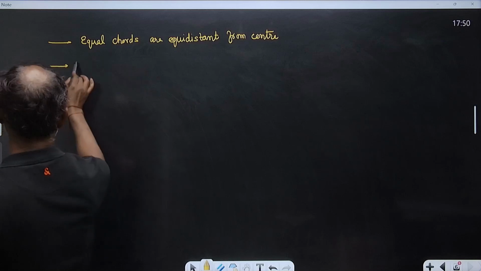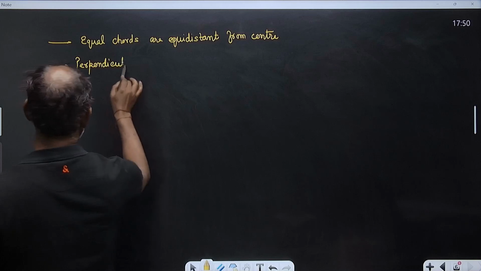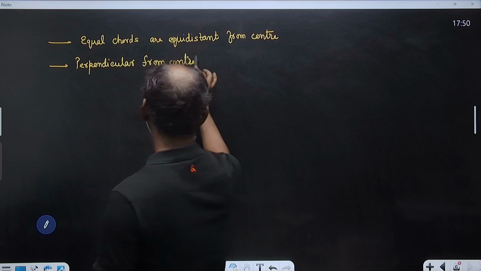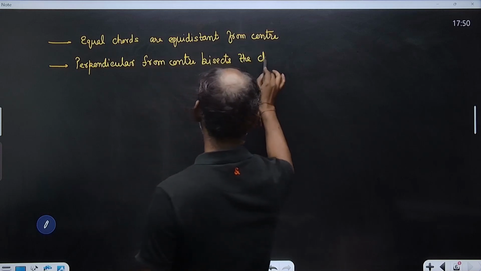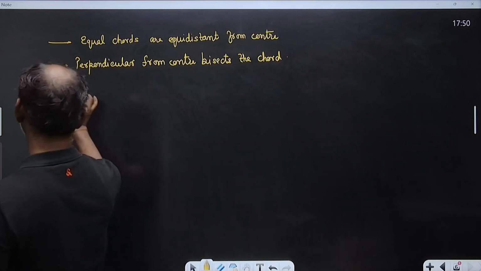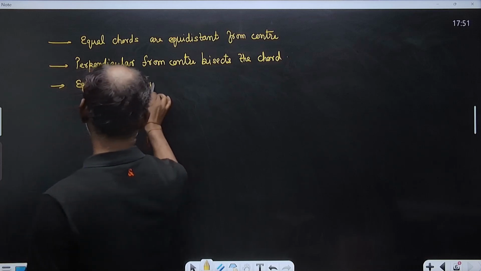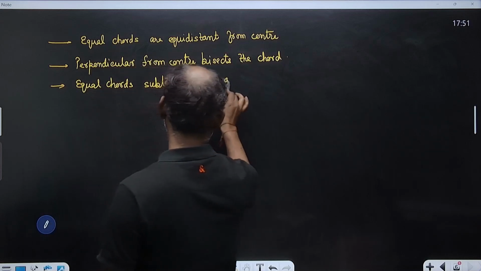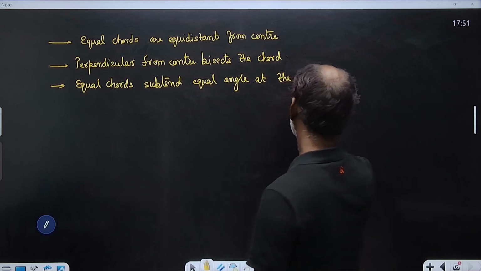Further, perpendicular from center bisects the chord. Equal chords subtend equal angle at the circumference.